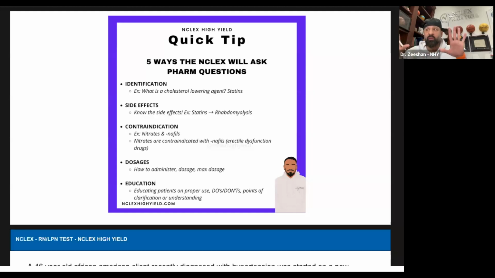Okay, so it could be drugs, other drugs, it could be supplements, it could be over-the-counter stuff as well too. So we want to make sure that we know our contraindications, and the type of question those will be your further teaching, further intervention, or straight up freebie.